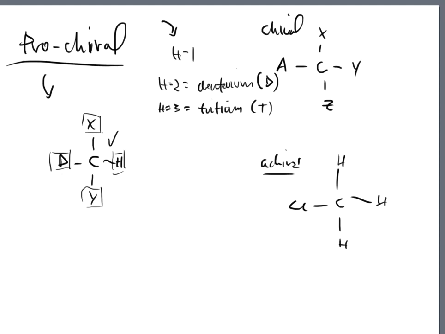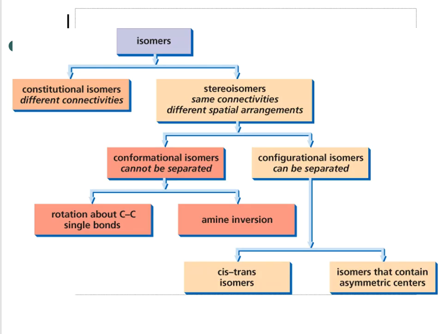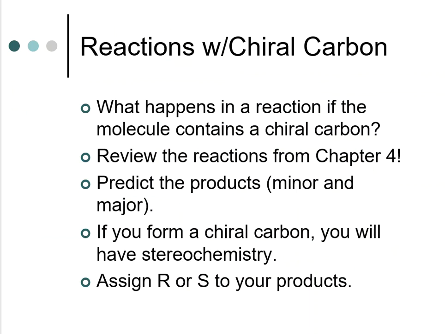Now, let's go back and think about reactions. All of those reactions that we talked about with alkenes and alkynes. We can predict products for them, right? We know how to do that. Double bond breaks. Remember that? I'm sure you do.